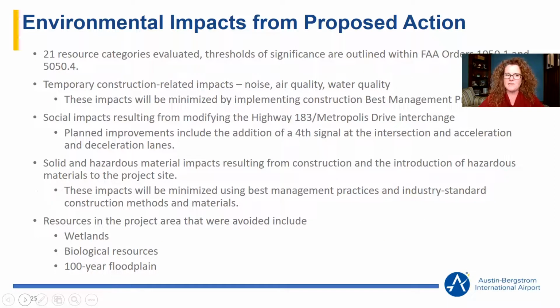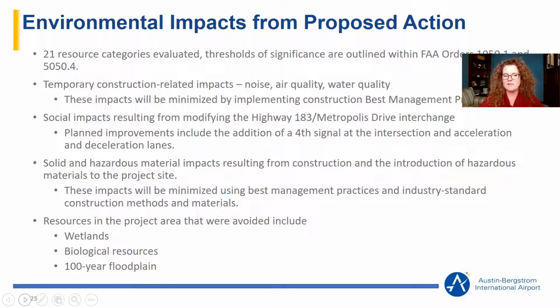Again, 21 resource categories were evaluated. We identified temporary construction-related impacts in noise, air quality, and water quality. These impacts will be minimized and mitigated through the implementation of construction best management practices. We identified social impacts resulting from the modification of the Highway 183 and Montopolis Drive interchange. To mitigate and minimize these impacts, the planned improvements to the interchange include the addition of a 4th signal and acceleration and deceleration lanes.